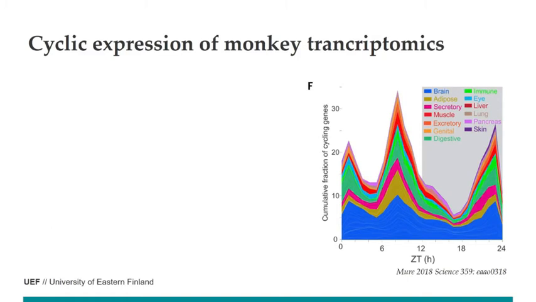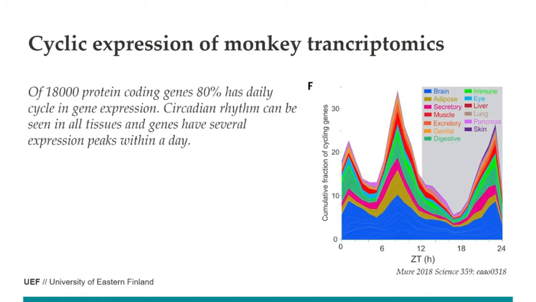So we have a cyclic expression, and what was interesting was that of the 18,000 protein coding genes, 80% have a daily cycle in gene expression, at least in some tissues.